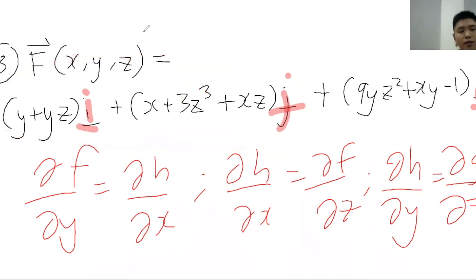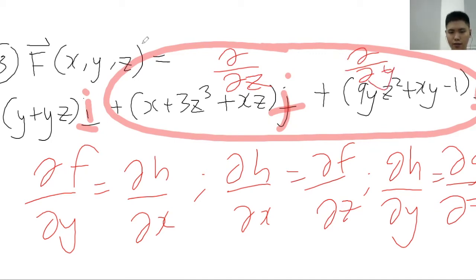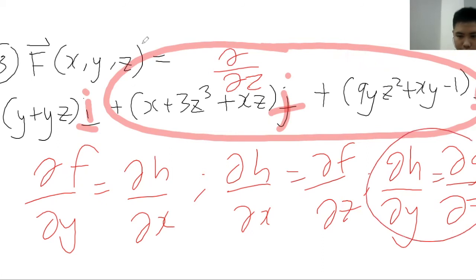Moving on, next we take the second and third term. This is in terms of y, then we differentiate in respect to the opposite, which is z here, and this is y. So that's why we got this term here.